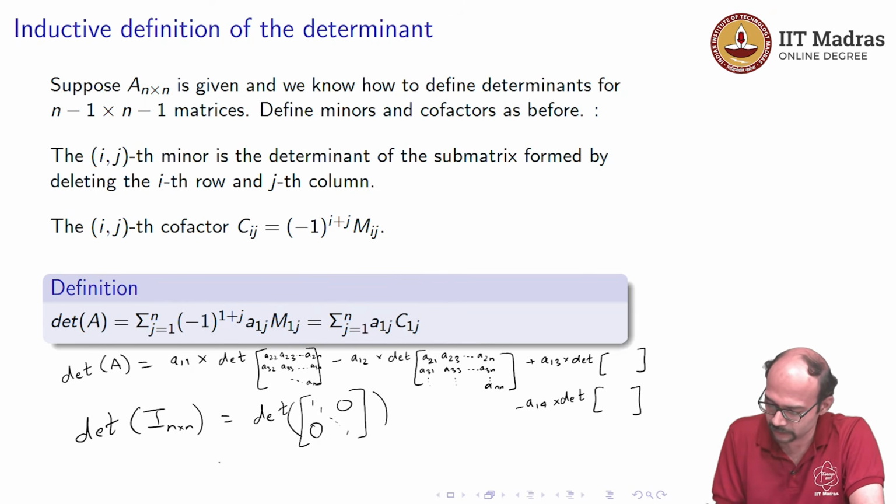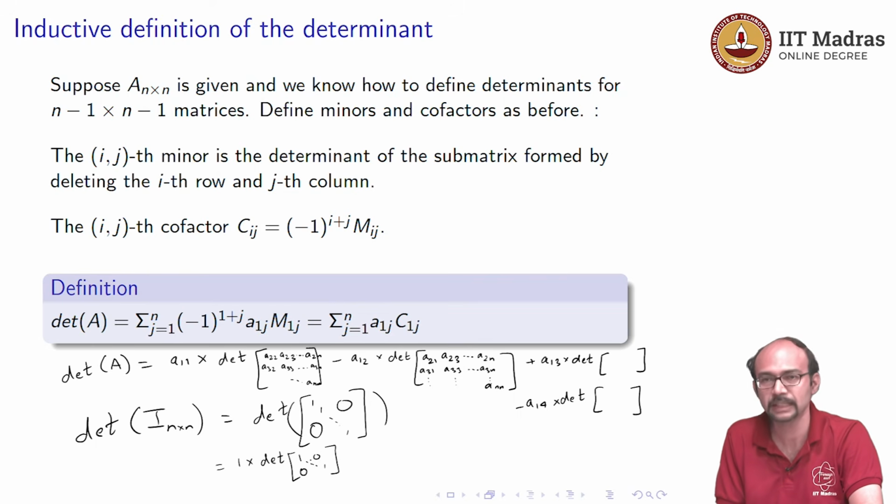Okay, so let us use the definition. So by definition, this is 1 times determinant of whatever the 1/1th minor. Okay, 1 times the 1/1th minor. So determinant of, you drop the first row and first column, so you get 1s on the diagonal and 0s on the off diagonal.